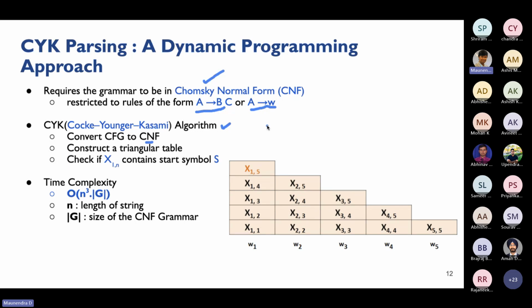If such a rule is there in the grammar, then it is not CNF, because on the right hand side we see two non-terminals, right? However, if we have a mix of terminal and non-terminal on the right hand side, even that is not a CNF. So this is a compulsory condition to be followed.